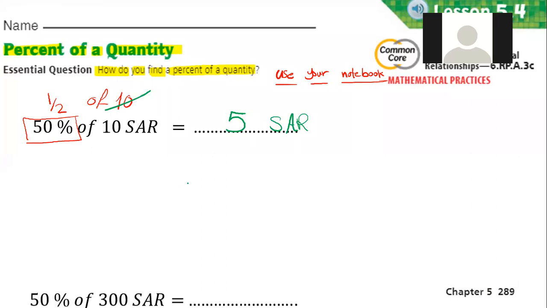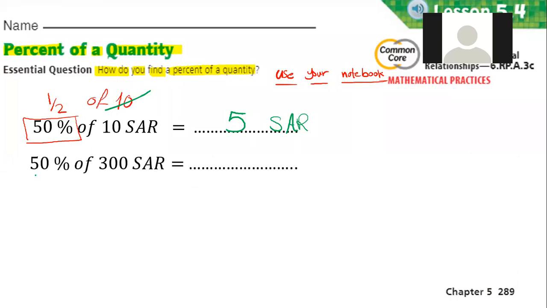Focus with the next question, and write it in your notebook. 50% of 300. I'm waiting for your answers in the chat box if you want to write there. What is the 50% of 300 riyals?